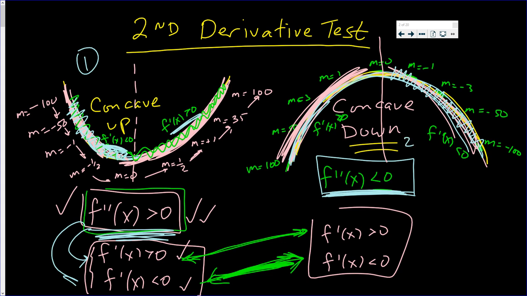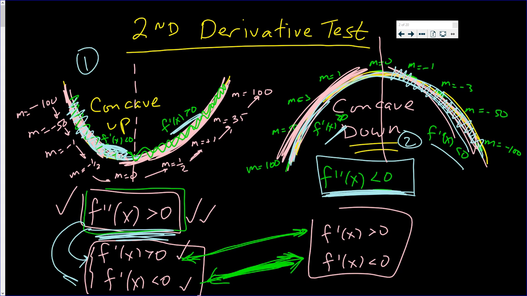Over here, we have concave down. Sometimes the first derivative is negative, sometimes it's positive. Knowing the concavity does not tell you anything about the slopes, which is known as the first derivative.